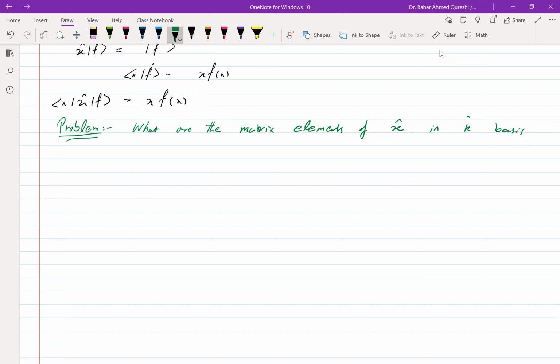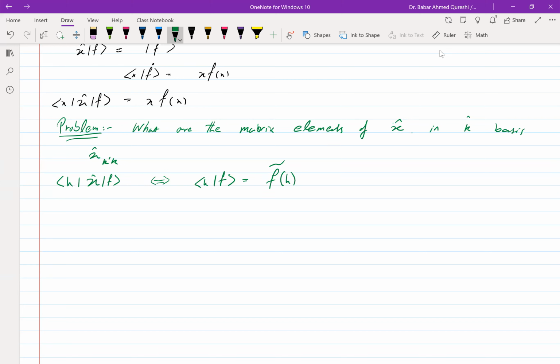So in other words, we want to know what are these things, or we want to know that when it acts on a vector, if we know the components of the original one, these are these, then what are the components once I act with this operator x? What is the relation of these guys to these guys?